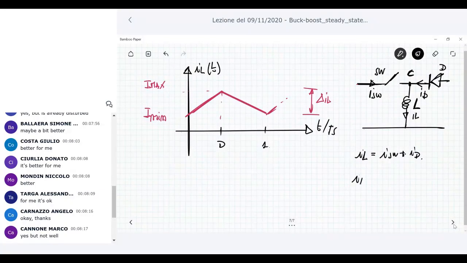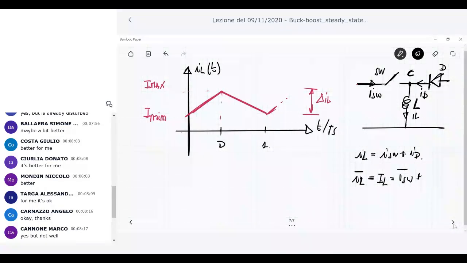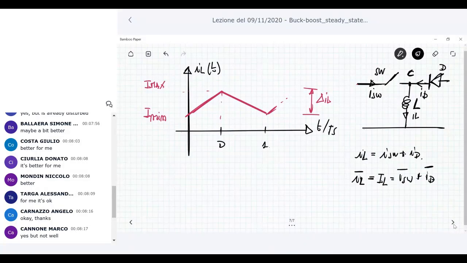So we can say that the average value of IL is the summation of the average value of the switch current plus the average value of the diode current. Okay, because Kirchhoff current law holds for the average values.